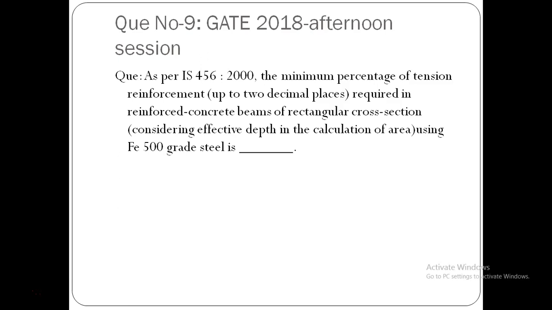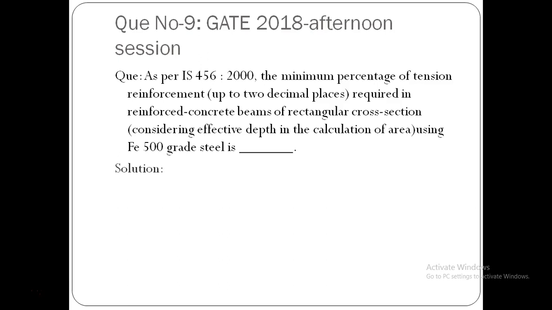While calculating, he has to consider the effective depth in the calculation of area and not the total depth. Effective depth is from the top fiber to the center line of the reinforcement in case of rectangular cross section of the beam.